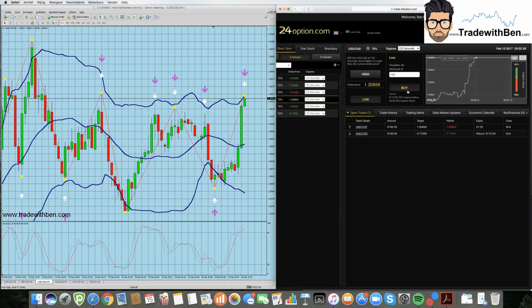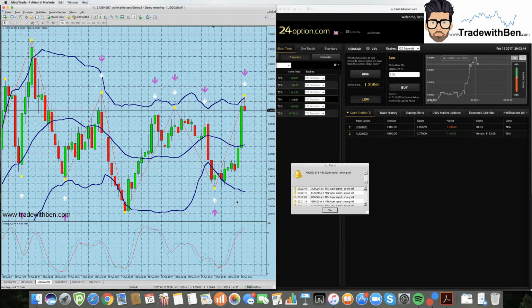Waiting for the next candle. Look at that jump. Gonna wait for this one.